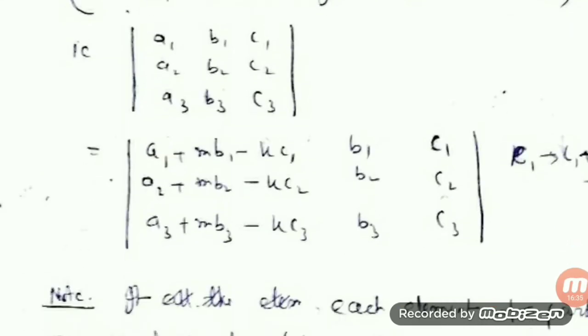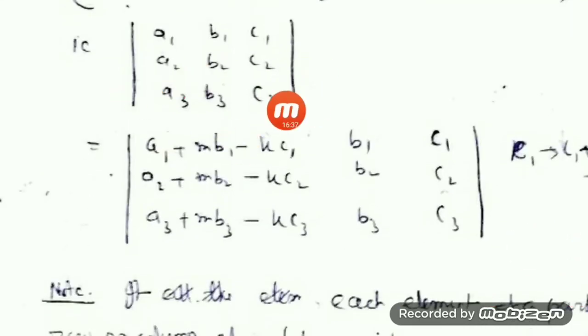Suppose here I have considered a determinant of order 3. Suppose we multiply C2 by m and C3 by k, and then we are adding to C1 m times C2, then subtracting k times C3. Then what happened? Column 1 I keep as it is.